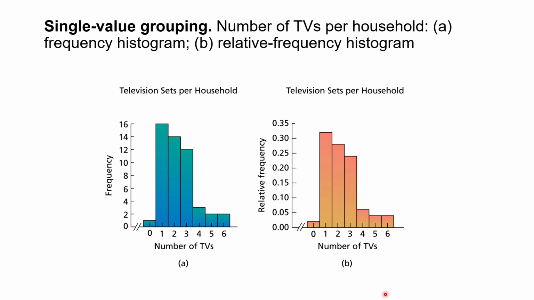And the same would be true if it was a percentage as well. This result is because frequencies, relative frequencies, and percents are all proportional. And so in this example, since the histograms are based on single value grouping, those distinct values are labeled right underneath the bars, centered at the bottom here.